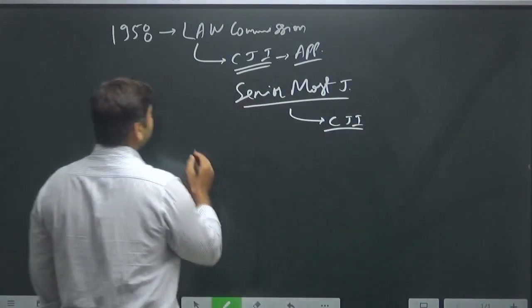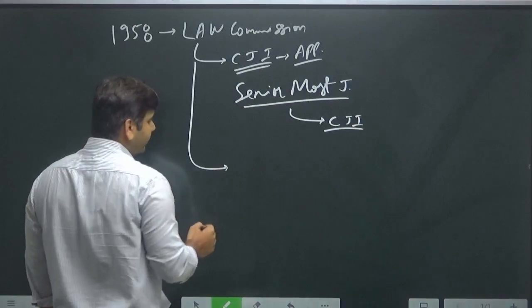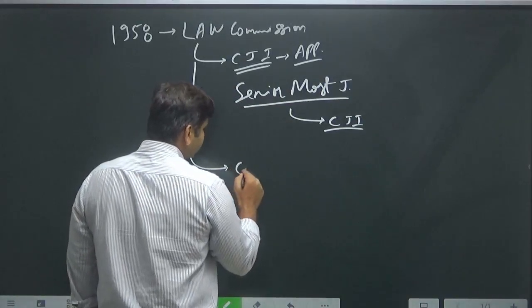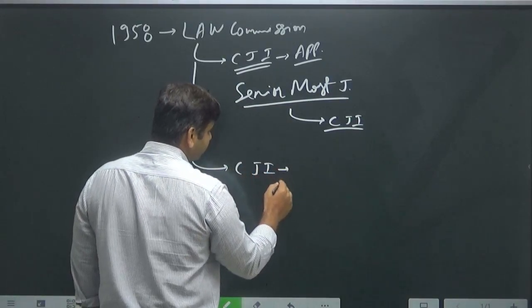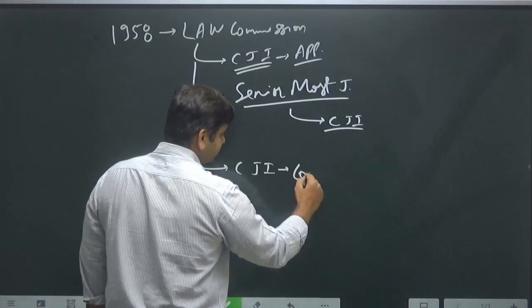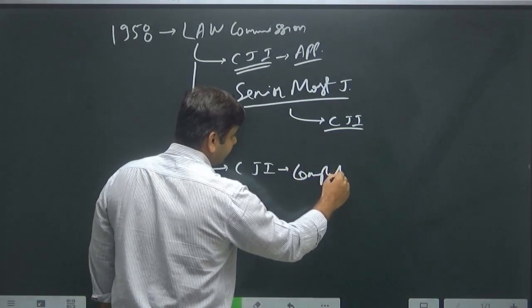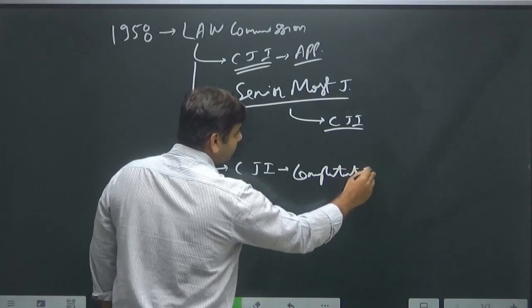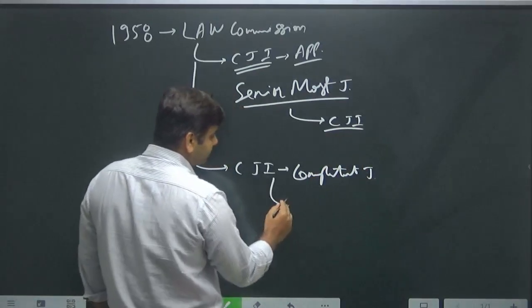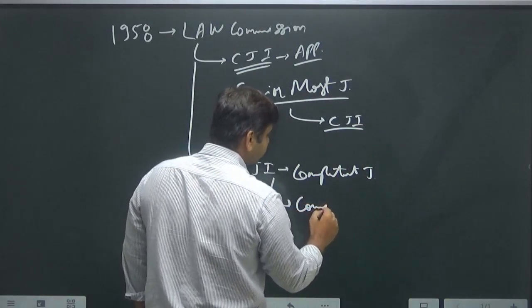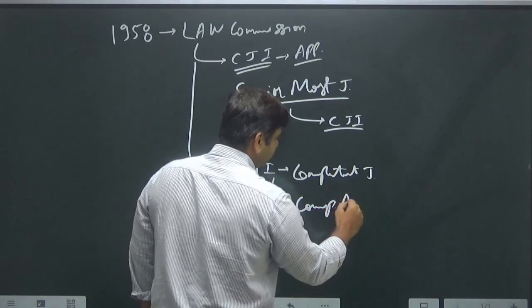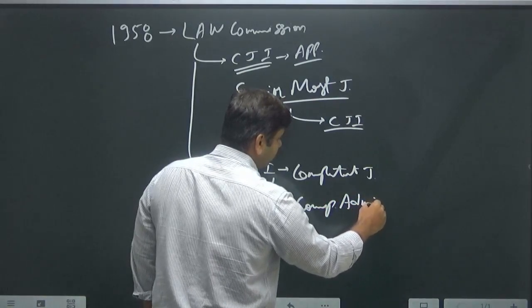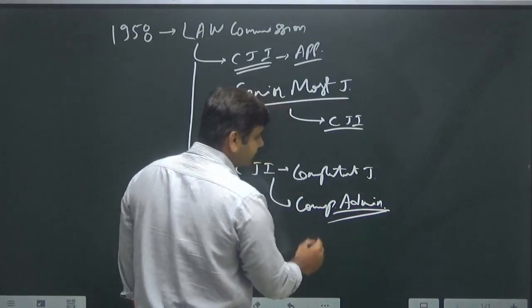But this Law Commission report said that the Chief Justice of India should not be only a competent judge, but he should also be a competent administrator.